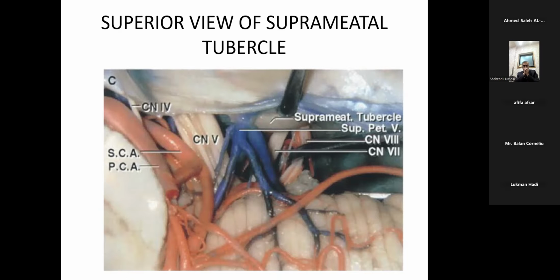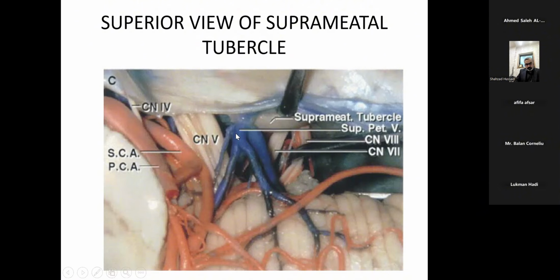Now, this is the superior view of the suprameatal tubercle. In the superior view, the tubercle has been removed, and the suprameatal tubercle can be appreciated. This is the cranial nerve 5. The suprameatal tubercle tends to lie between the cranial nerve 5 and cranial nerve 8, and just above the internal acoustic meatus.